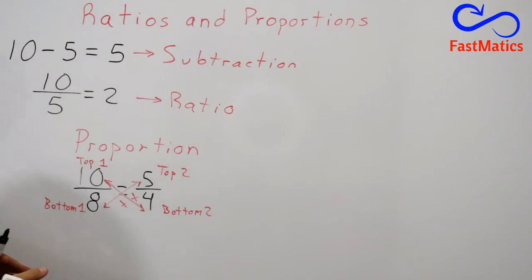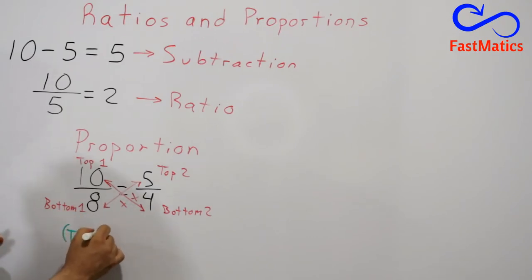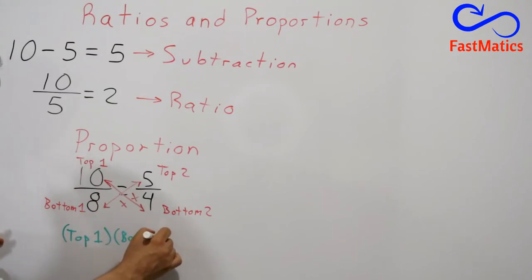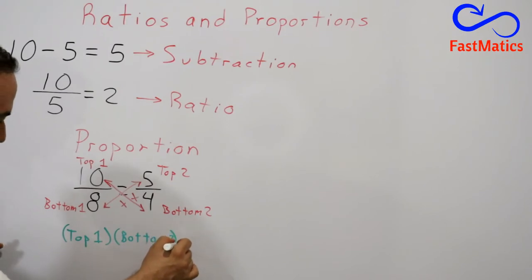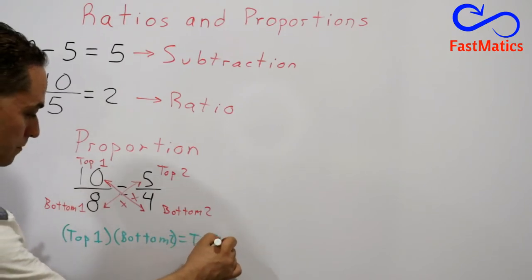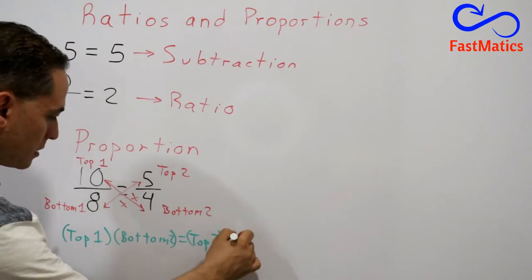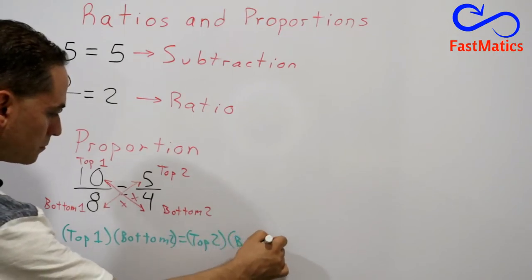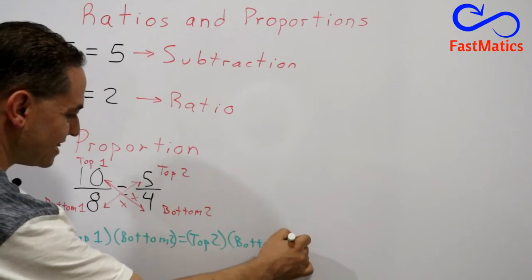Then we can say that if we multiply top 1 times bottom 2 is equal to top 2 times bottom 1.